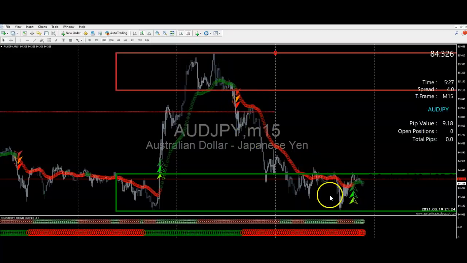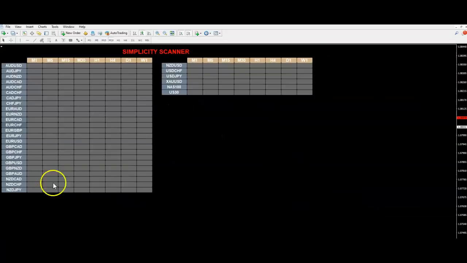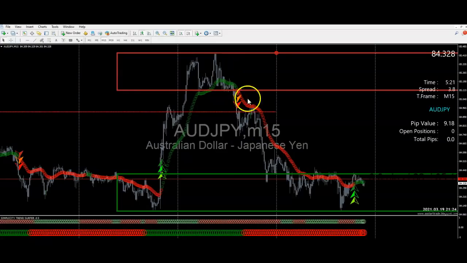It went straight down. The alert would have come from the scanner saying there's a sell opportunity on the 15-minute, and it would have said the word sell. Then you check your charts, and if it aligns with your strategy, there you go. You see how it's effortless, and that's what you want.